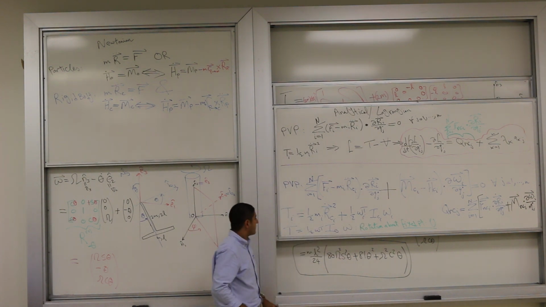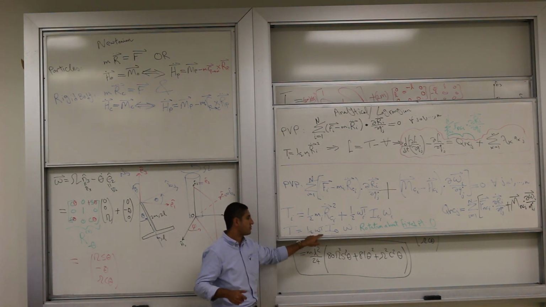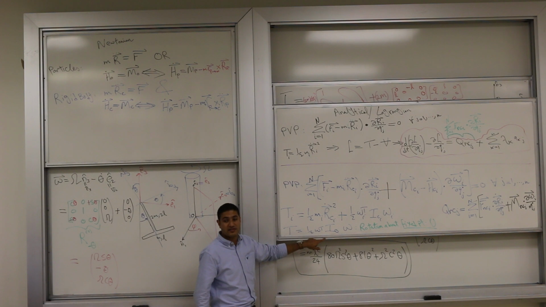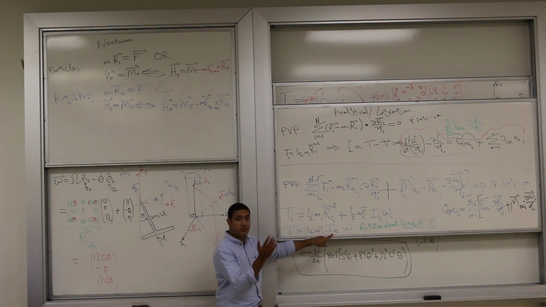But if I'm doing only rotation about a fixed point, which is the case here, you can reduce this relation and use this one instead. It's simply rotational kinetic energy about the fixed point. There's no translational kinetic energy. Oh, so that already includes the first term? Yeah, exactly. You can compute it either way.